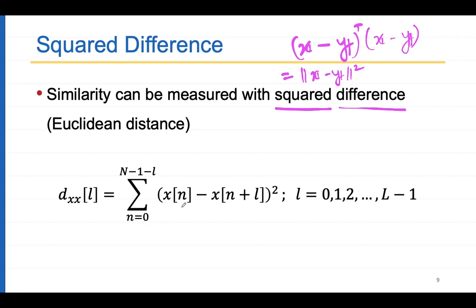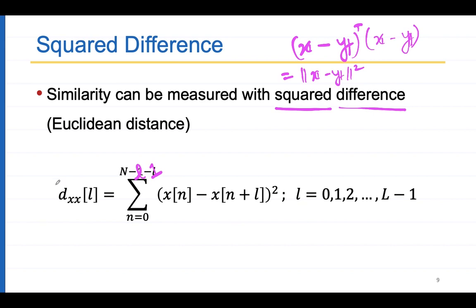Written in terms of elements, this is what it becomes, summing from 0 to N minus L minus 1 of (x[n] minus x[n plus L]) whole square, the delayed version, because y is just the delayed version of x, and this is your difference function.